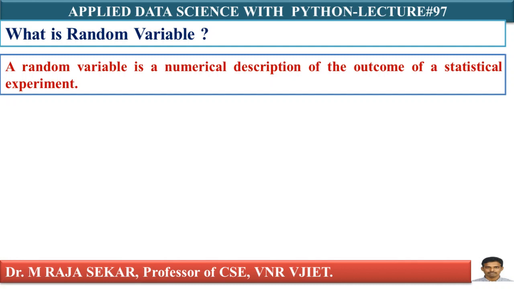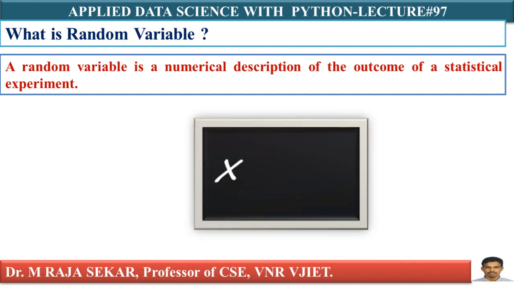But in statistics, it is normal to use an x to denote a random variable. The random variable takes on different values depending on the situation. Each value of the random variable has a probability or percentage associated with it.